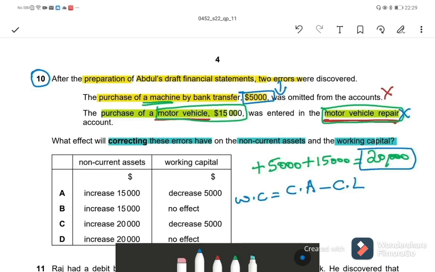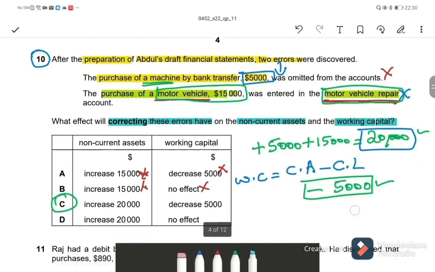So working capital minus 5,000. So increase 20,000 and decrease 5,000. Non-current asset, the first option increase, but increase 15,000 no, increase 15,000 no, no effect no. Option C is the perfect answer.